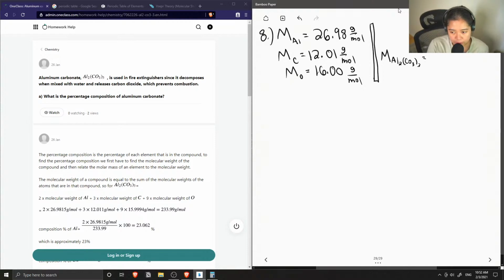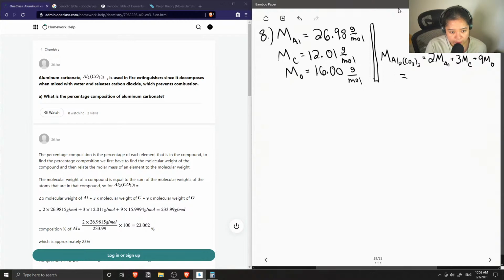So we have 2 atoms of aluminum, so it's going to be 2 times the molar mass of aluminum plus 3 times the molar mass of carbon plus 3 times 3 for the oxygens. So we have 9 times the molar mass of oxygen.